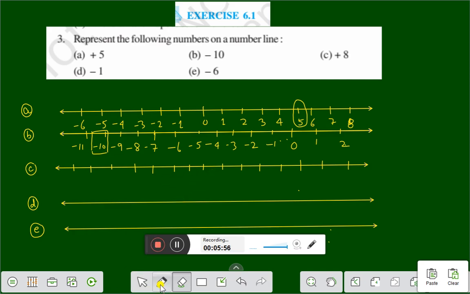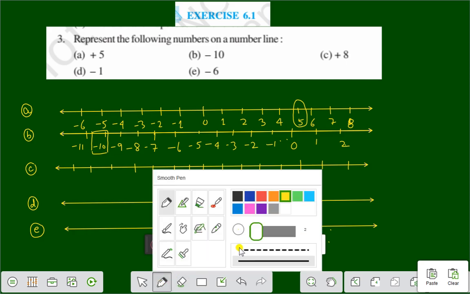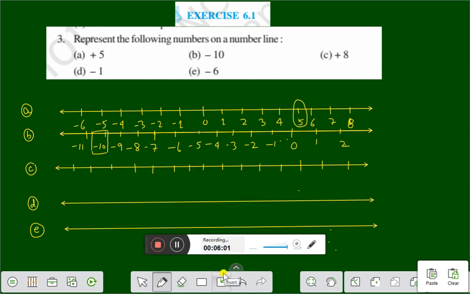Now we will do question number C. We have to represent plus 8.